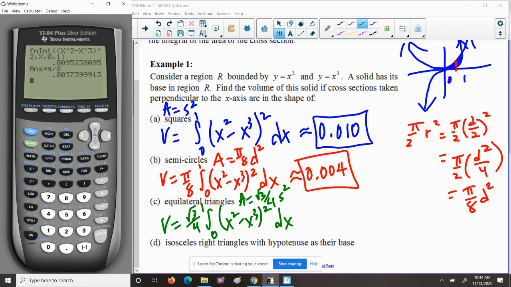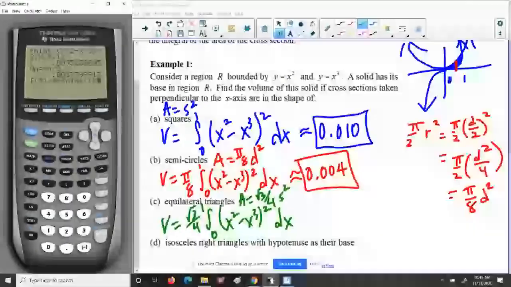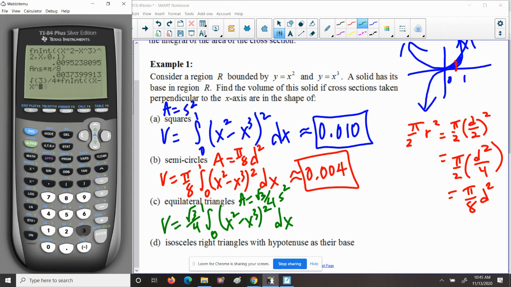Okay, so let's take square root of 3 divided by 4 times the integral of x squared minus x cubed, all squared, comma x, comma 0, comma 1.